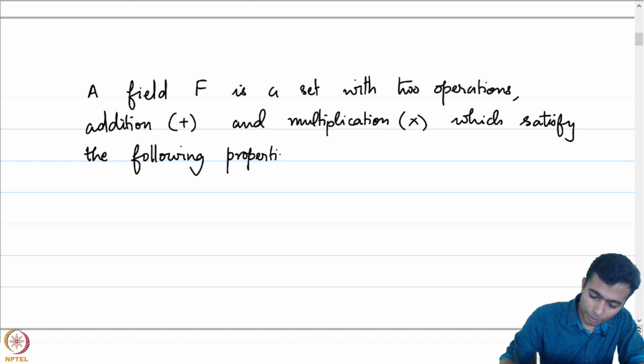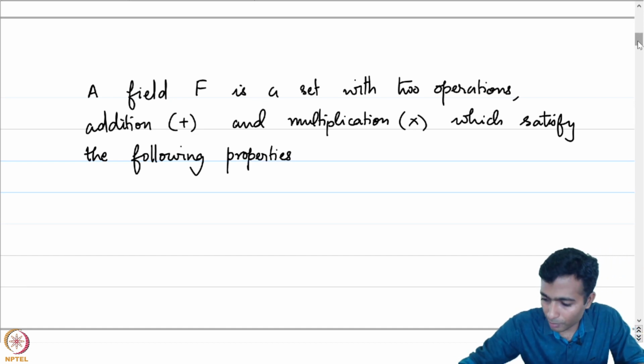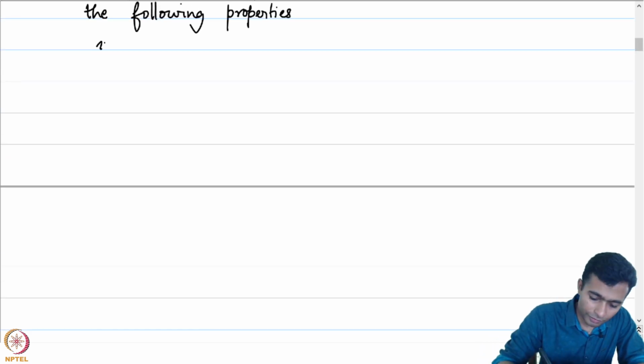So these operations satisfy a set of properties. What are they? The first one is commutativity.